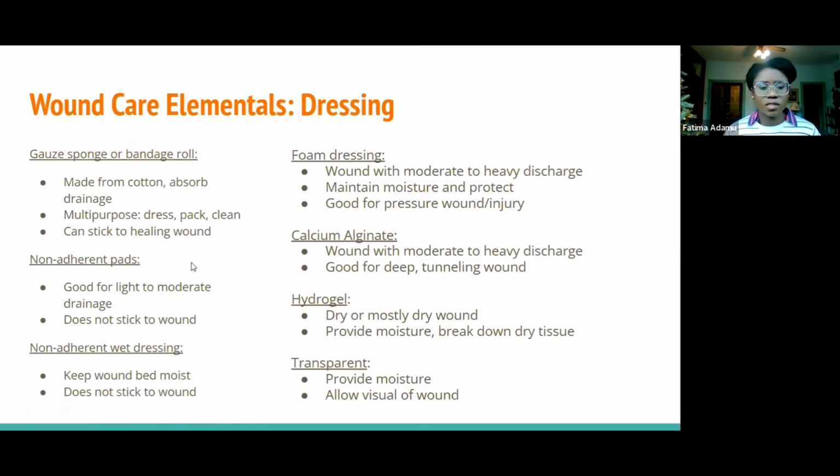So again, you don't want things to stick to the wound. The brand names that we use, Telfa and Adaptic, are some non-adherent dressings. Telfa is a non-adherent pad, doesn't have any ointment on it. Whereas a non-adherent wet dressing would be something like Adaptic that does have a bit of wet on it that you can use for treating wounds.